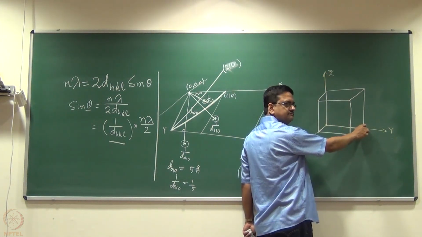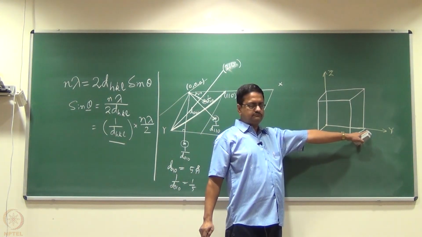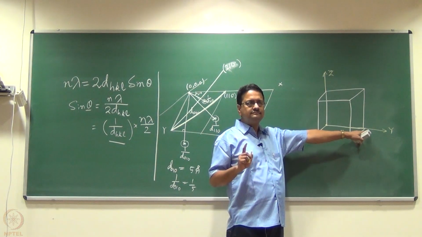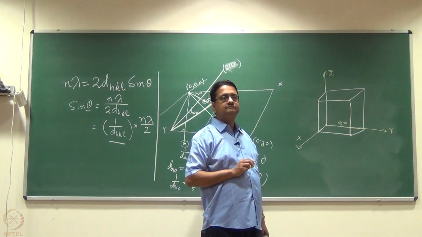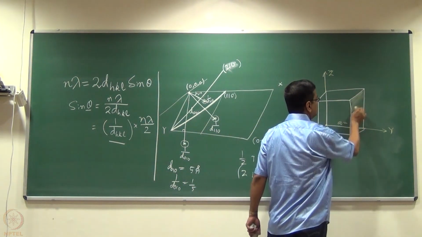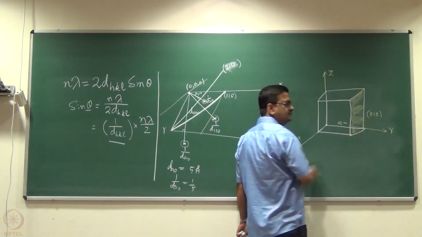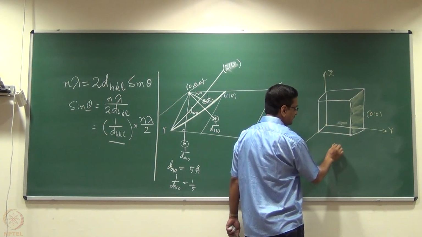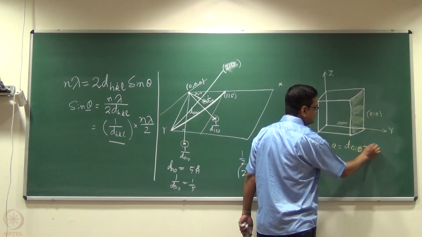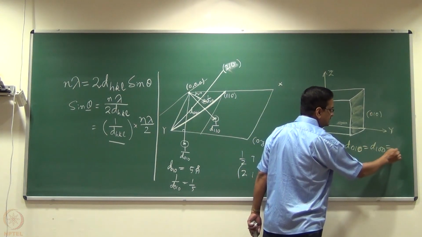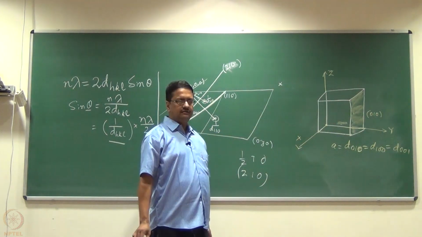What is this distance from origin to that? It is a. This particular plane is what? The 010 plane. So a equals b, which equals d100, equals d001 for a cubic system.